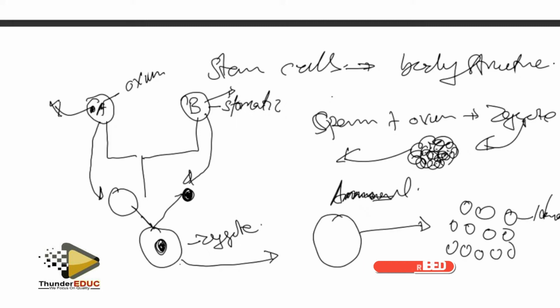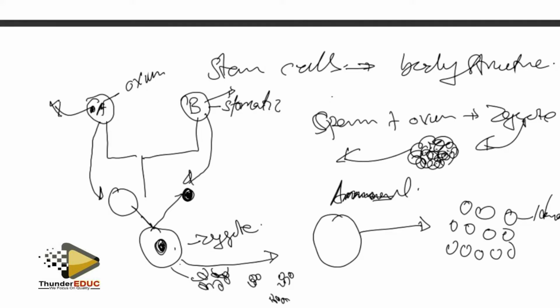Question: why are all these animals identical? They're identical because when this forms a zygote, it forms a ball of cells. Now I divide this ball into small balls, and then insert them into different animals. Because I use the same genetic material, obviously these ones are going to be identical.